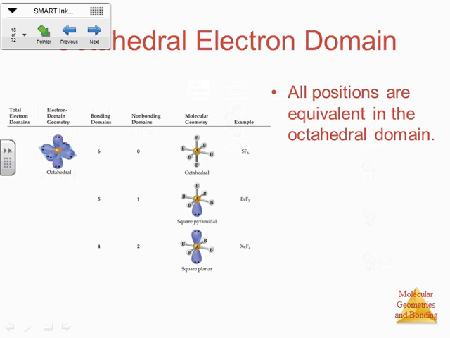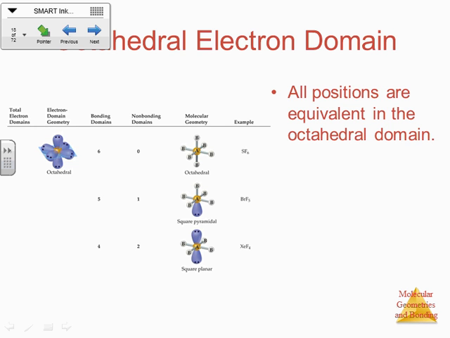Okay, and then the octahedral domain, there's really three possibilities there. You can either have the full octahedral, where you've got 6 atoms around the central atom, and the only way that's going to work is if you have an expanded octet. But that's true for each of the last 2 types of electron domains, actually.